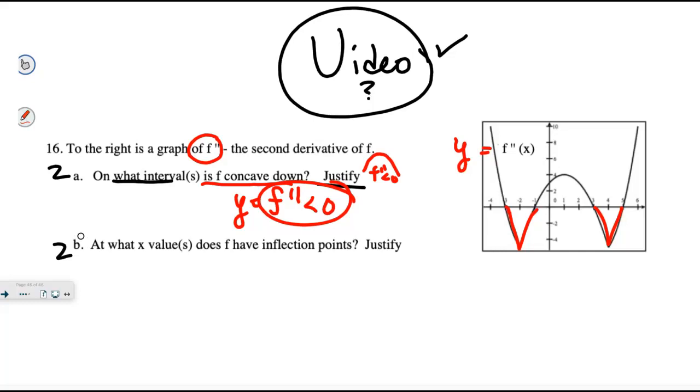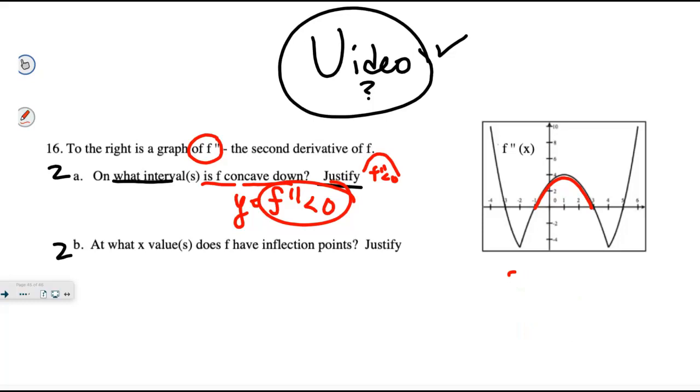On what values? And again, a couple of you wrote -1 to 3. Well, that's where f double prime is concave down, which means its second derivative, which would be f quadruple prime, had to be negative. So be careful about what level you're on.